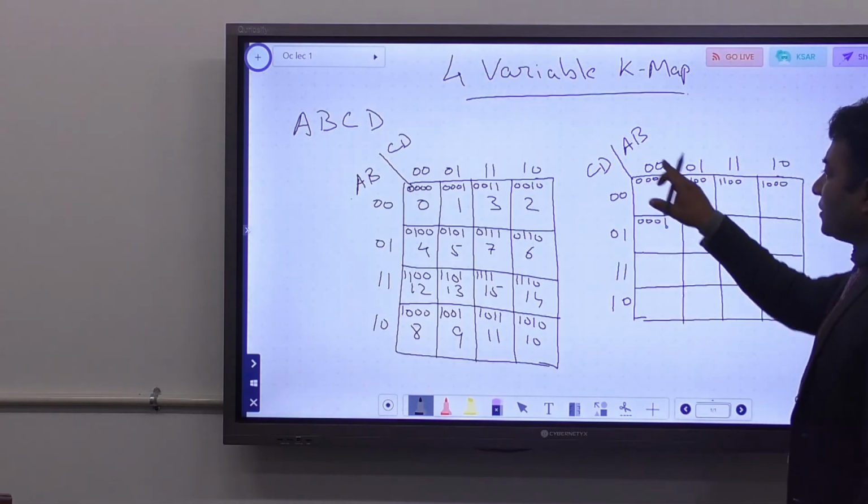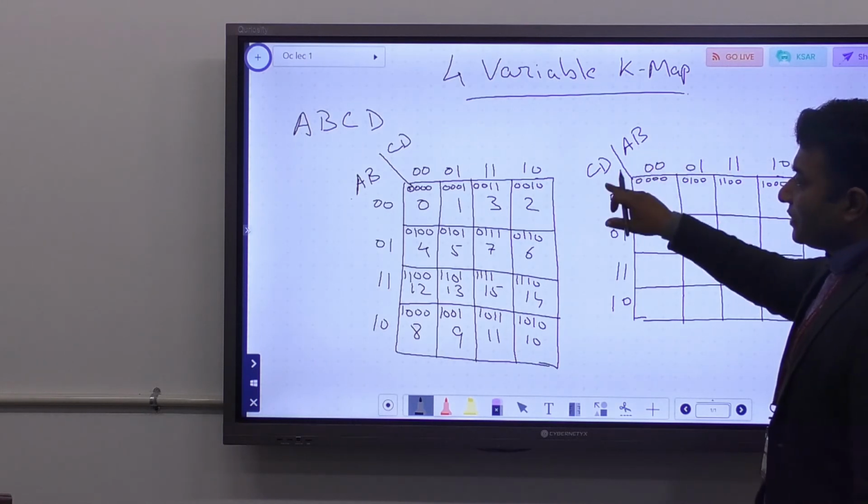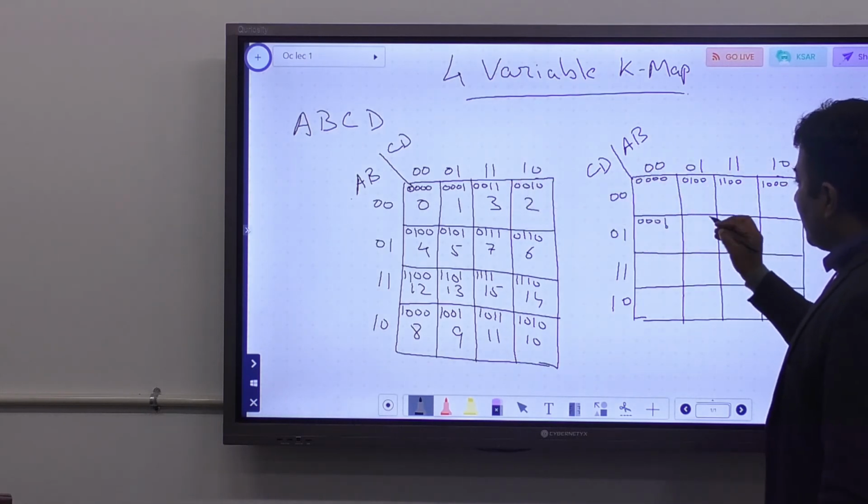We can see the positional values are changing. It's because we had just interchanged these two. So the positional values are changing.